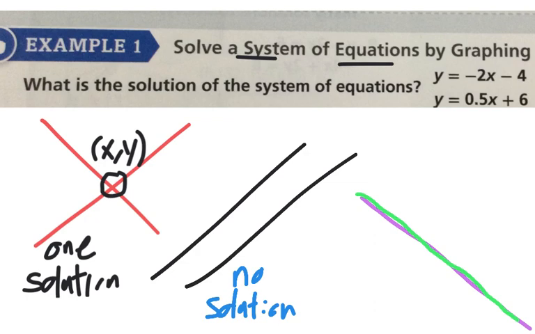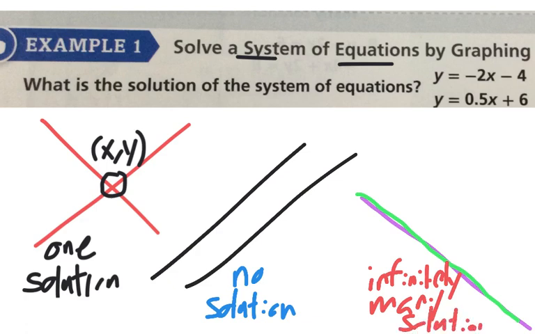And the third case is where we have the same line graphed on top of itself. How many solutions would it have? The answer we use here is called infinitely many solutions.